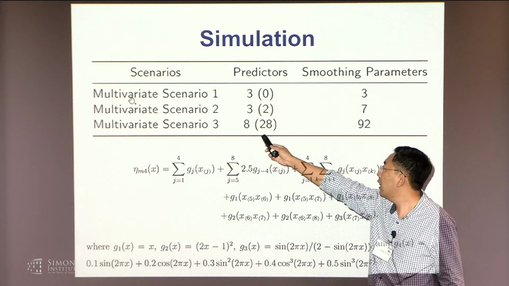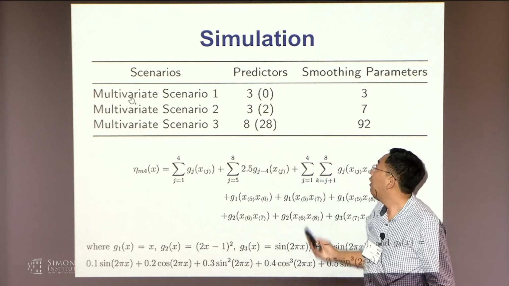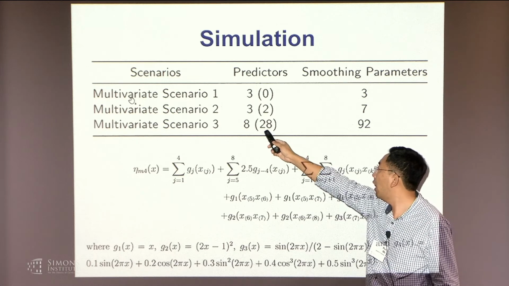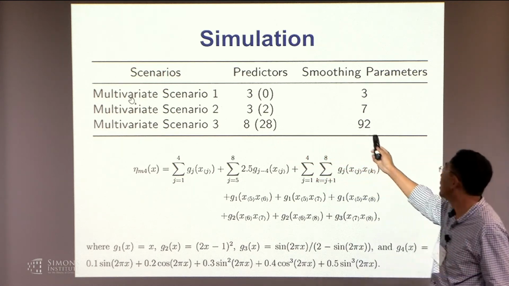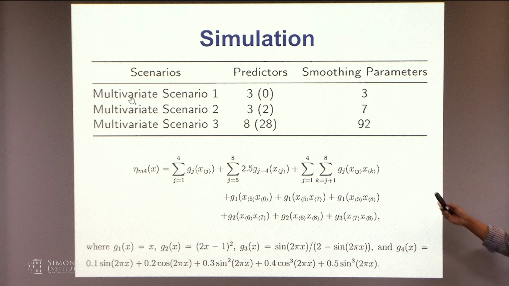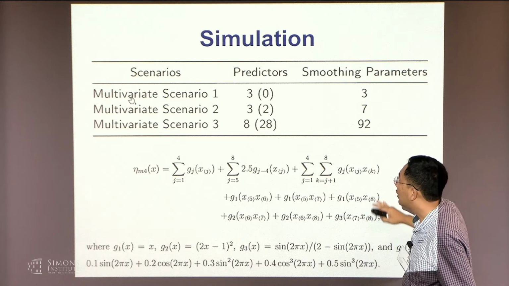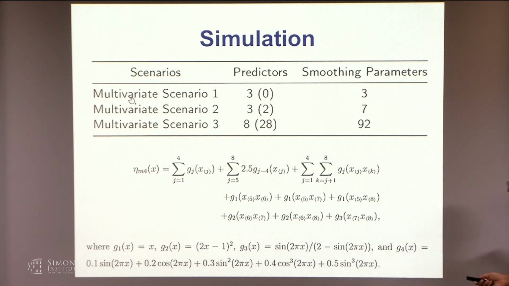The third case is quite large. We have 8 predictors, and we look at 28 two-way interactions, and then we have 92 smoothing parameters. This is the third scenario. So these are the functions we use.